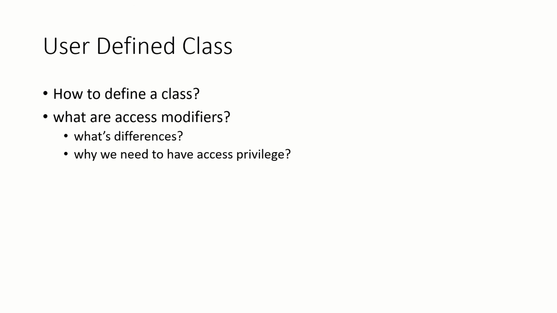Then we talk about how to define a customized class, a user-defined class, which means you want to create a class for yourself. So how do we declare it? We use the keyword class and the class name.